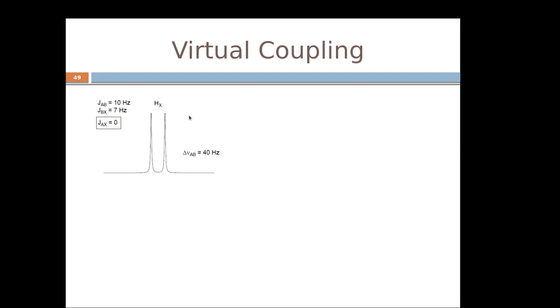If the spectrum is measured at a condition where delta nu AB, that means the resonance frequency separation between the A and B nuclei, is 40 Hertz, that means the A and B nuclei are not that chemically equivalent. Then for the X nucleus we would see a doublet pattern, because X can couple with only the B nucleus.